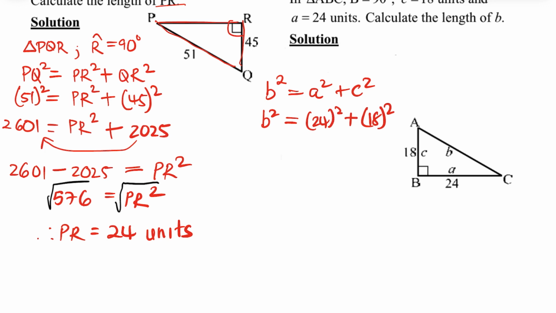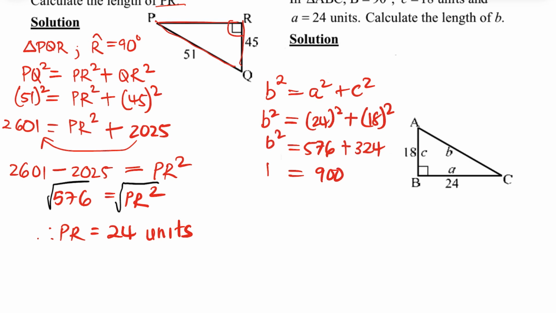So what are you going to do? You say 24 square is equal to 576. And then 18 square is 324. So 576 plus 324, the answer is what? It's 900.